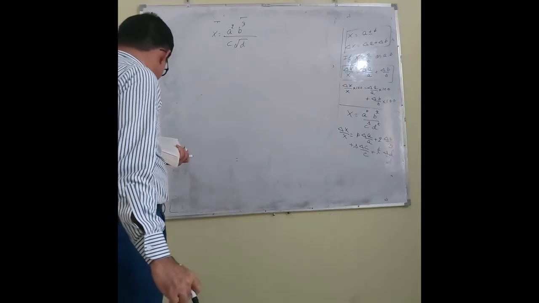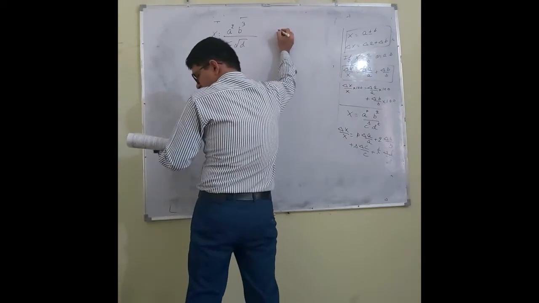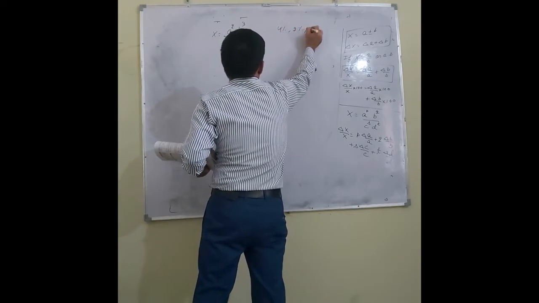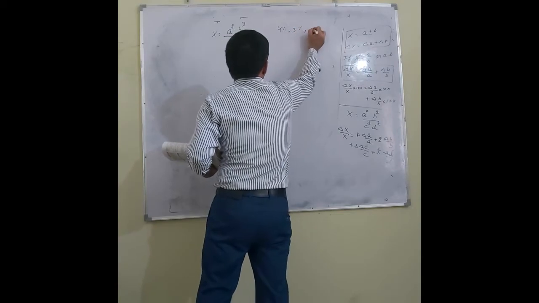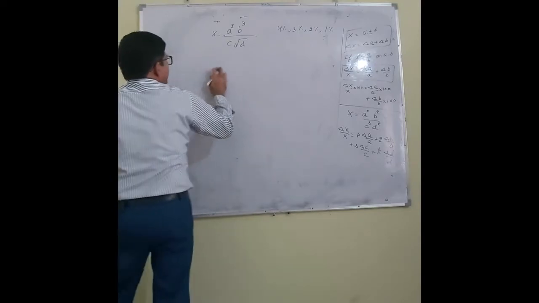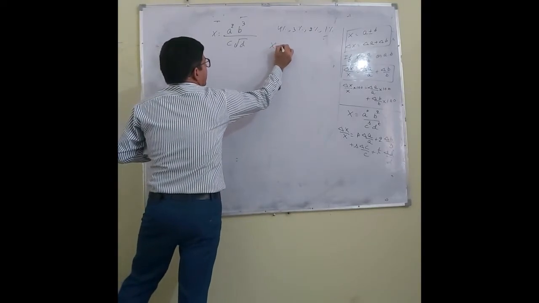The percentage errors in measurement of a, b, c, d are 4%, 3%, 2%, and 1%. Find the percentage error in x.